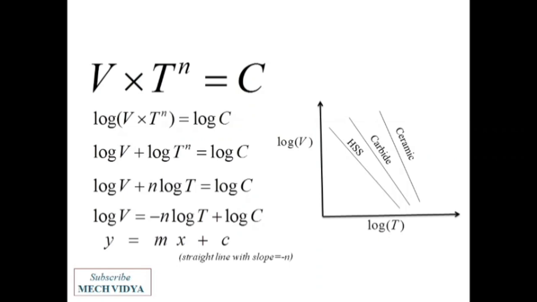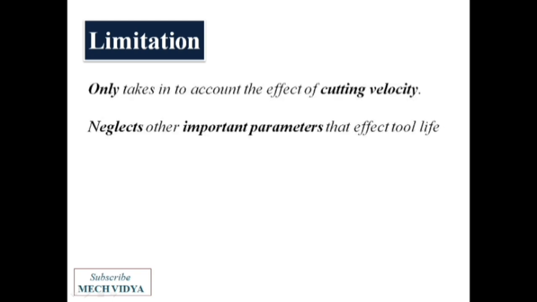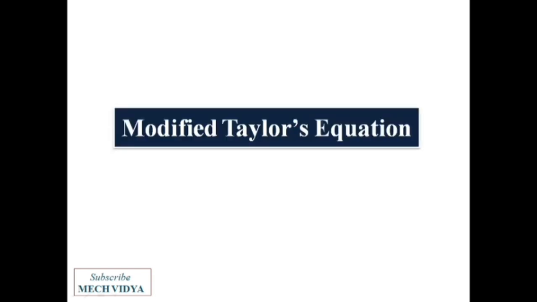Now, having said this, we need to take into account the limitation of this model, which is that the Taylor equation only takes into account the effect of cutting velocity, but in real life, tool life is a function of many other important parameters. So manufacturing engineers and researchers worked for decades on Taylor's equation and have incorporated some changes to the main equation.